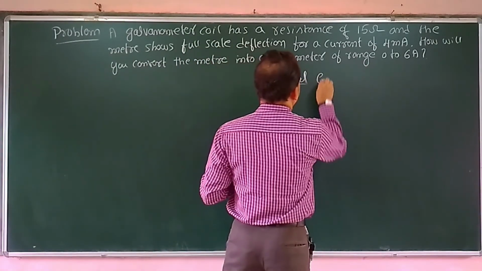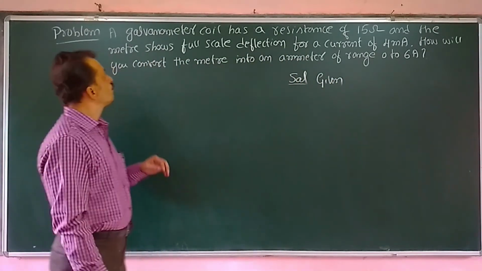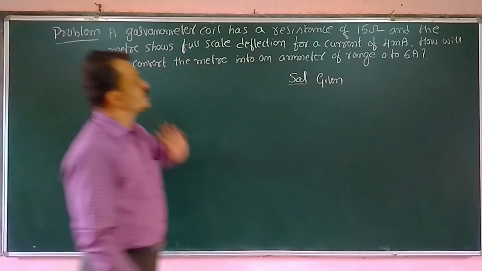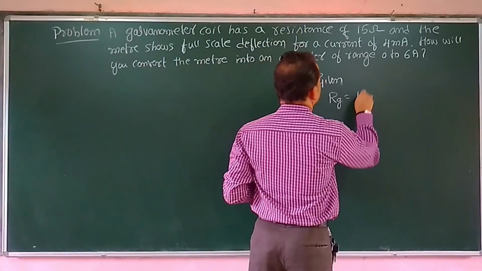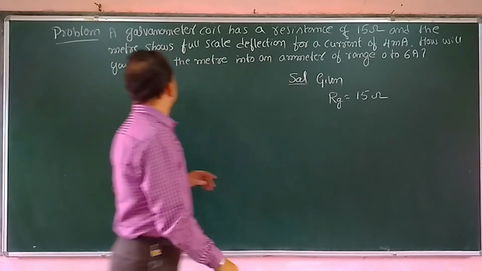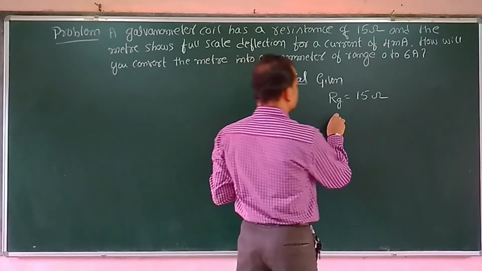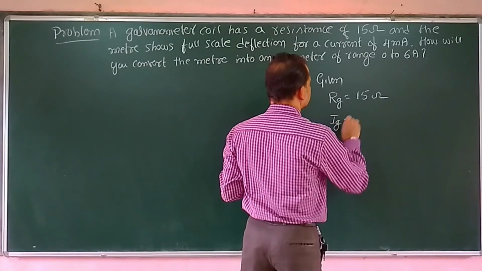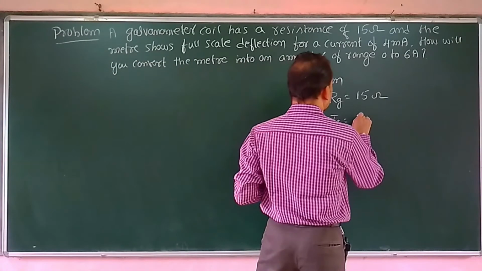Solution. Now let me list out what are the given things. Resistance of the galvanometer, that is Rg, is equal to 15 ohm. And it shows a full scale deflection current. What is the meaning of that one? The current for maximum deflection in the galvanometer. That is represented by Ig.